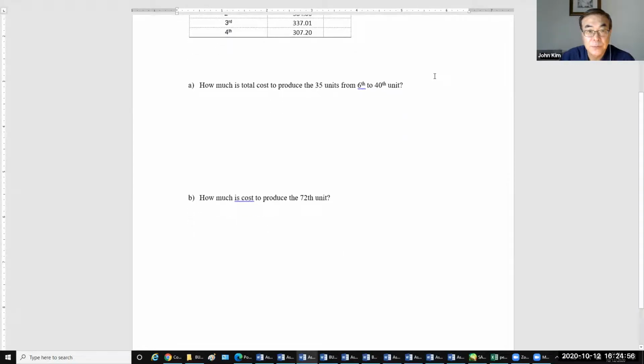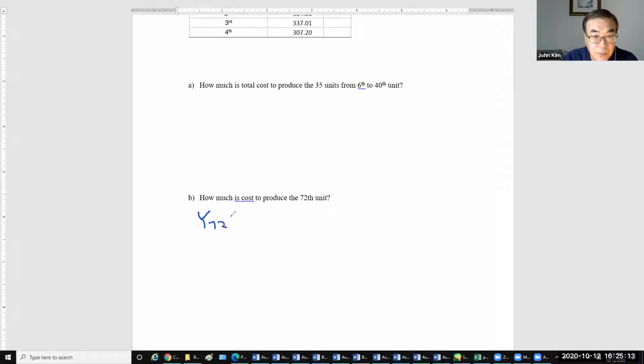And next one. How much is the cost to produce the 72nd unit? That will be y 72nd equals K times the unit factor, because this one is only one unit, 72.